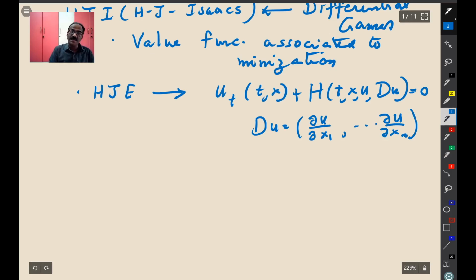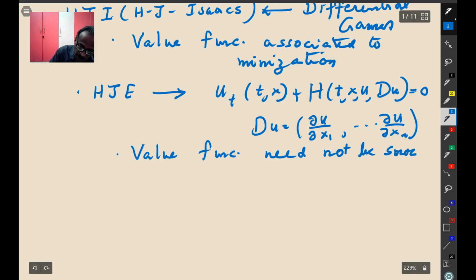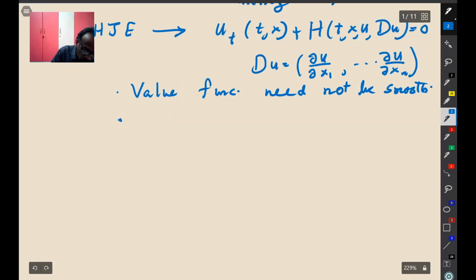We will not be studying it in this generality. As I said, quite often the value function need not be smooth. You may understand what a value function is later. Value function need not be smooth, and hence you have to interpret the solution in a weak sense.